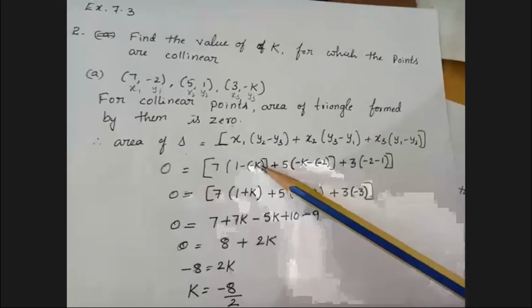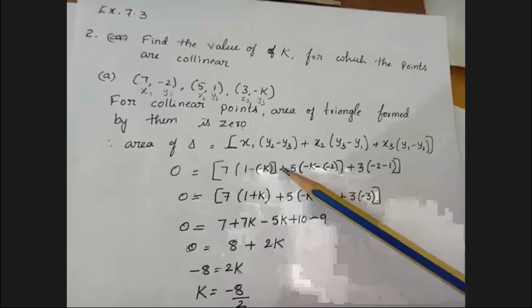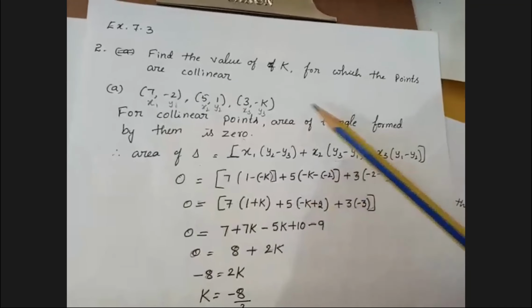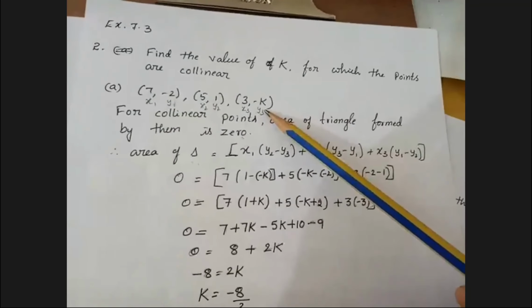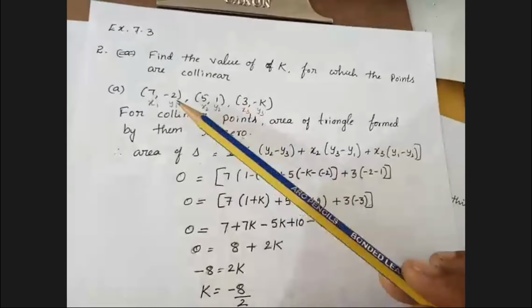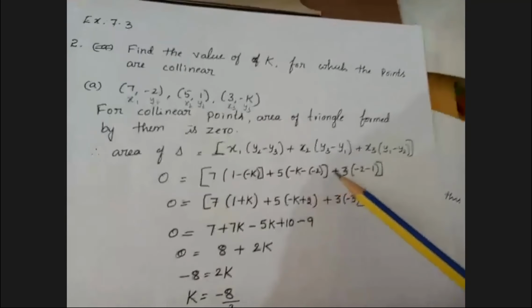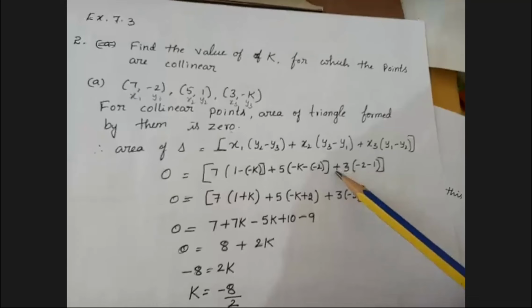Plus x2 is 5 into y3 minus y1: y3 is minus k, minus y1 is minus 2, so it is minus of minus 2. Plus x3 is 3, and y1 is minus 2 and y2 is 1.